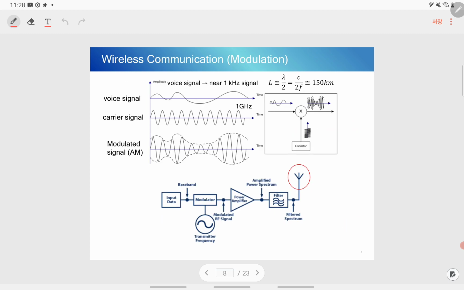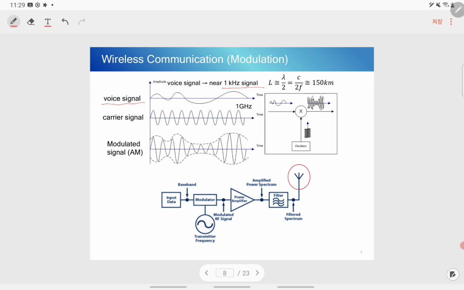And then after this, people tried to send voice through the wireless medium. So AM, amplitude modulation radio, was invented after telegraphy. A very simple explanation about AM: let's say we have a voice signal that changes in time, and it is about 1 kilohertz, a very low frequency.